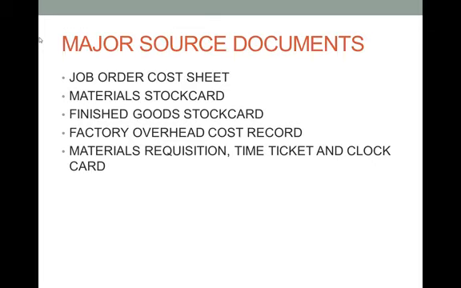That major source document serves as the source document for charging costs to jobs and departments, and to aid in fixing responsibility for control and usage of materials and labor. Those are the 5 source documents of job order costing.